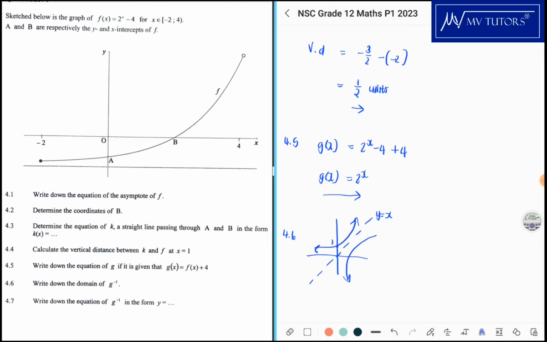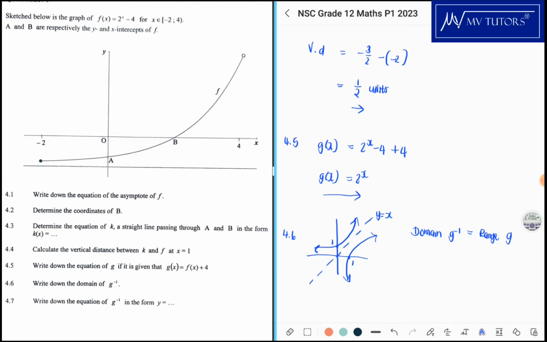Okay, so now if we're going to write down the domain of the inverse of g, okay, let me write it down. So the domain of the inverse of g is actually equal to the range of g.